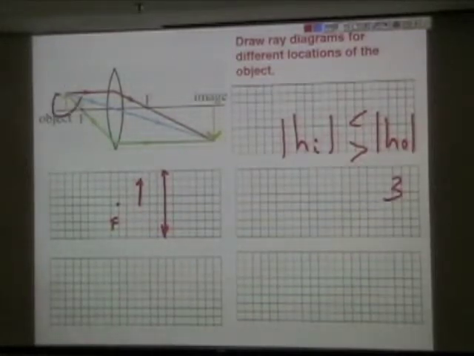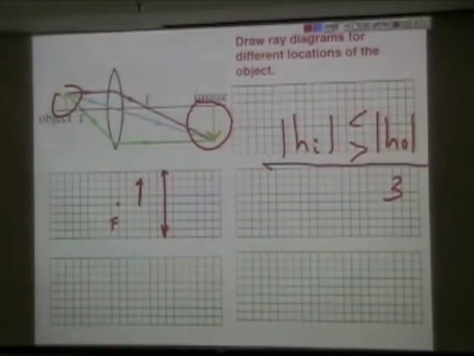We know from experience the image could be larger or smaller than the object is. So in this situation, for this case, 1 for image being smaller and 2 for image being larger than the object is.